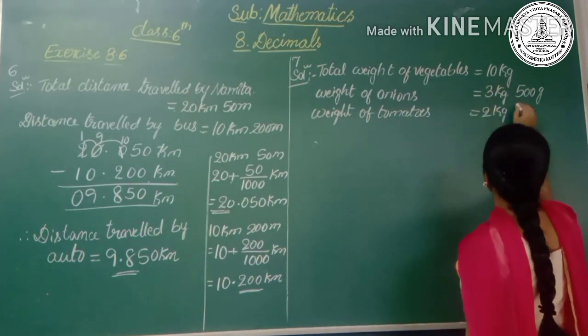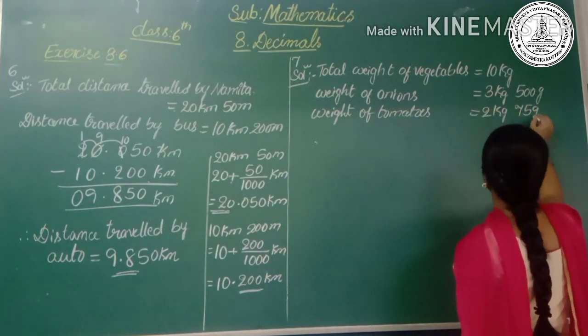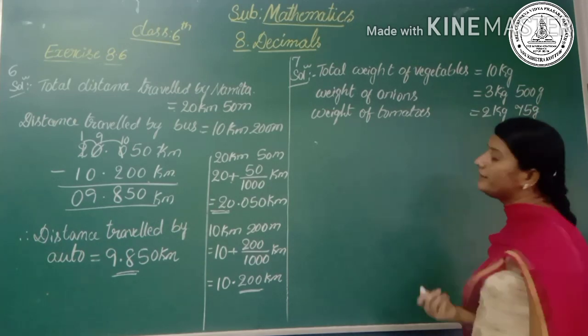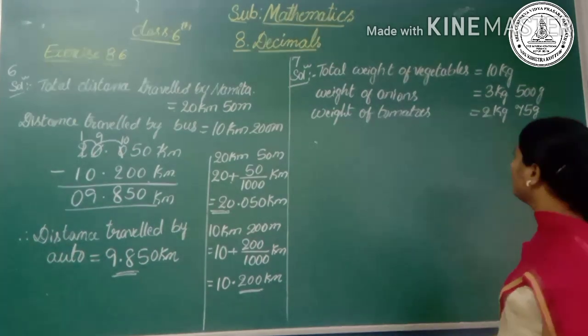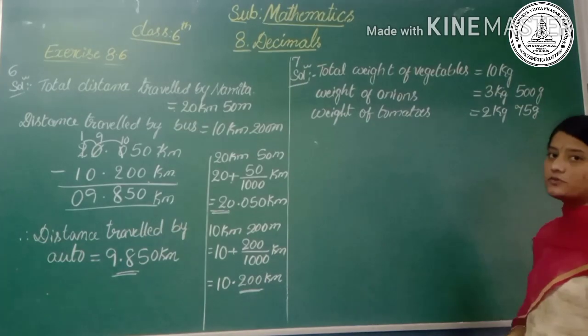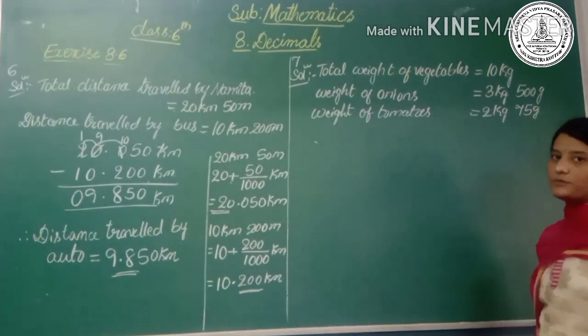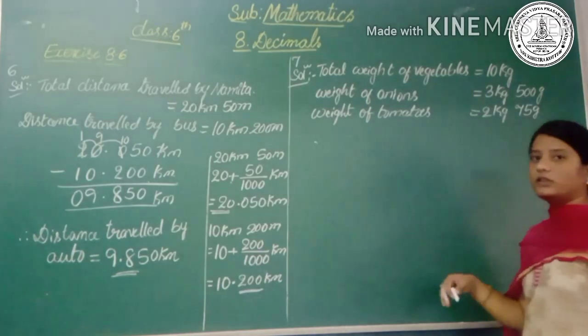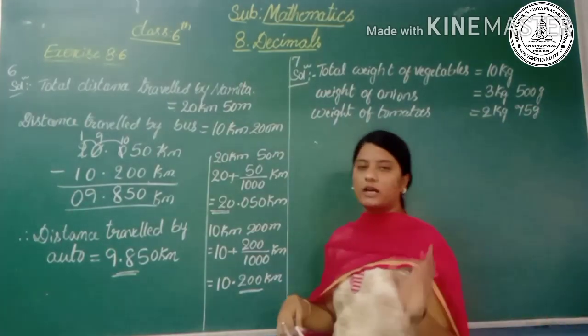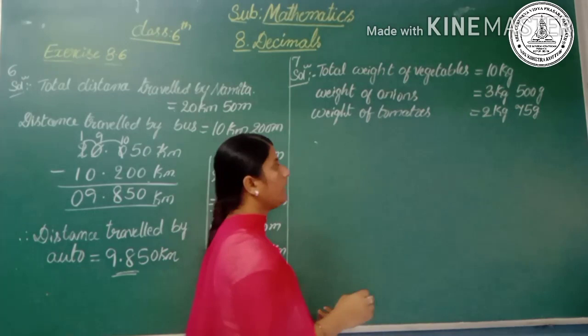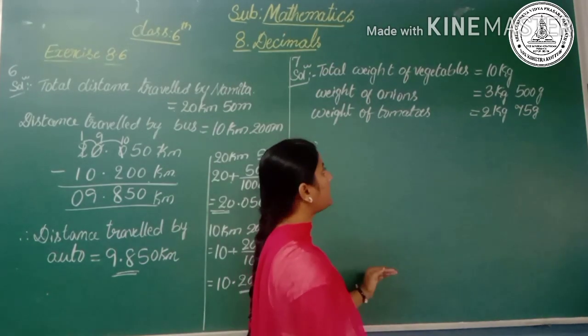Now we have to find out the weight of the potatoes. Before that, first we have to convert the grams into kilograms. We know how to convert grams into kilograms, so I will write directly. Now we have to subtract.